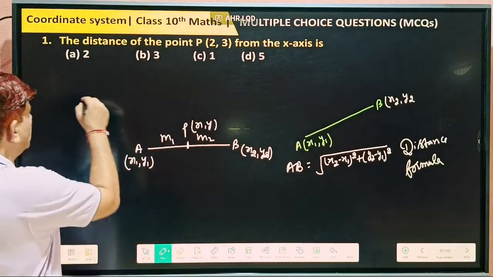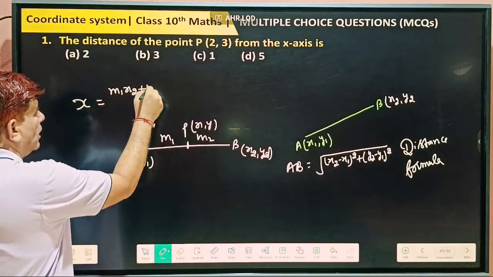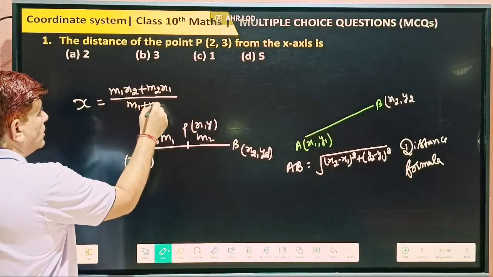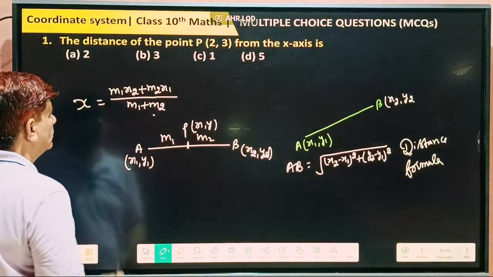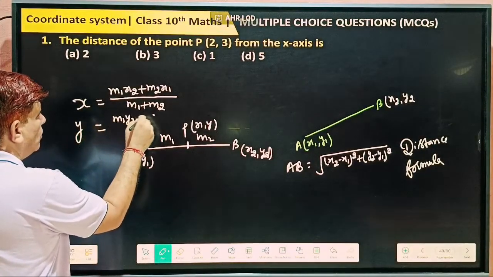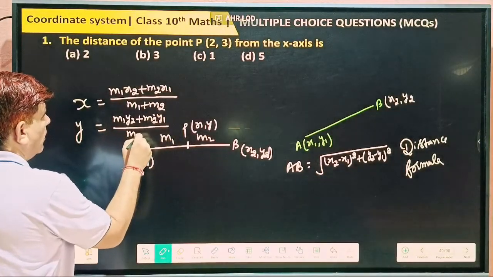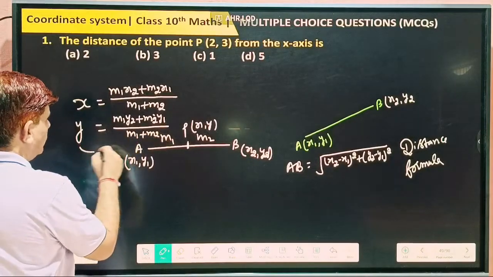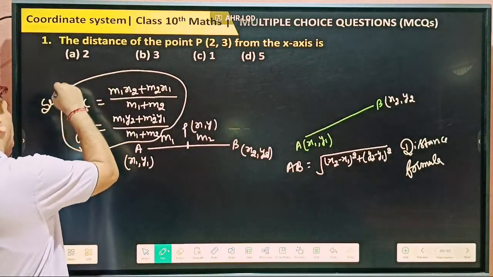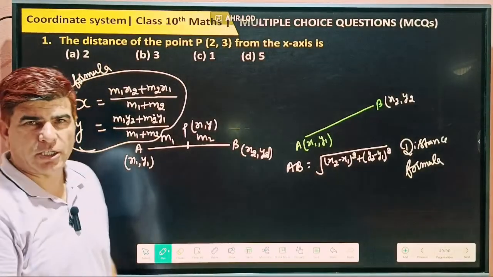Then x is equal to (m1 x2 plus m2 x1) by (m1 plus m2), and y is equal to (m1 y2 plus m2 y1) by (m1 plus m2). So this is known as the section formula.